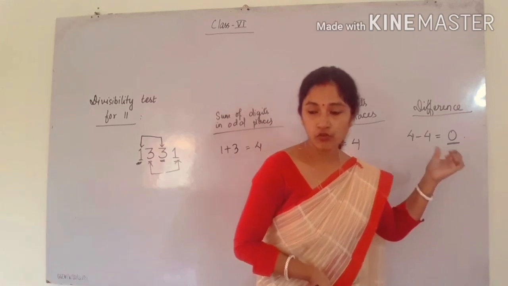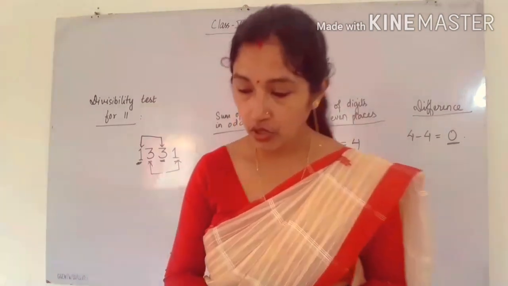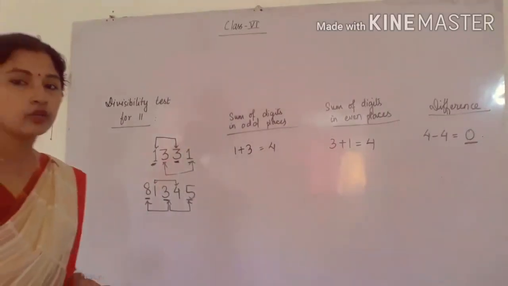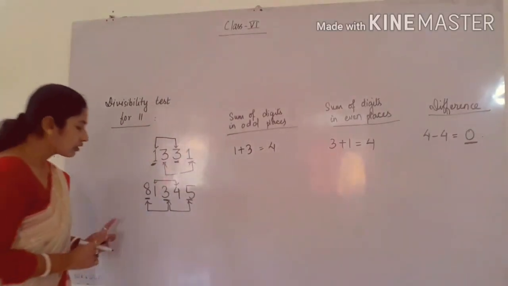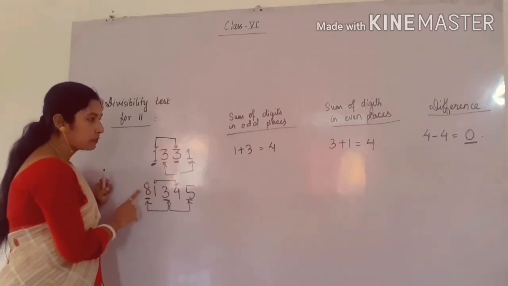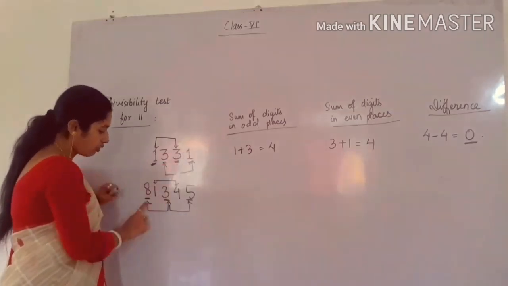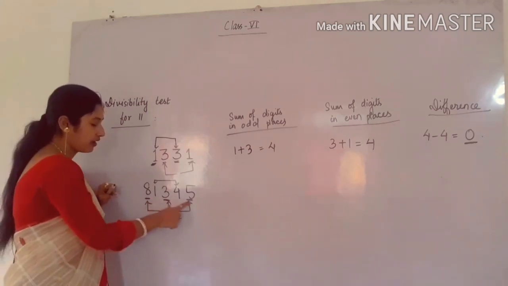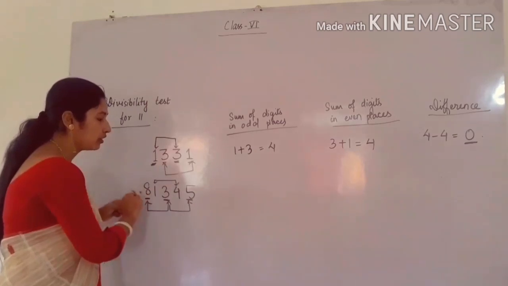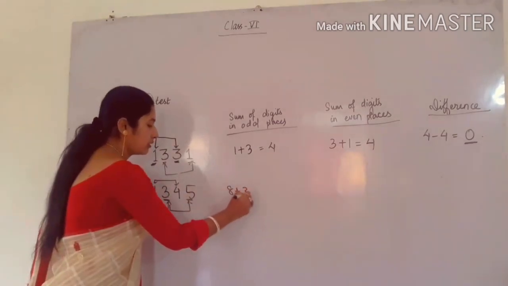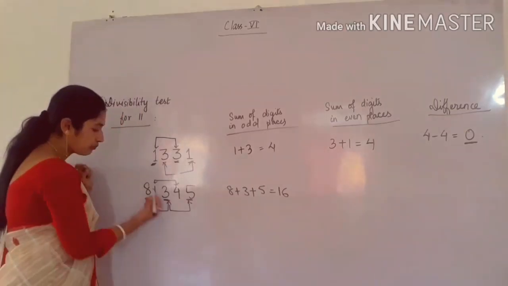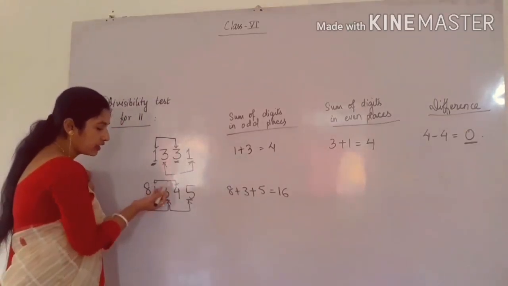So I am giving you one more example of this question. See the second example, 81345. Here you have to add the numbers in odd places first. In odd places we have 8, 3, 5. So write 8 plus 3 plus 5, which is 16. Next, in even places we have 1 and 4.